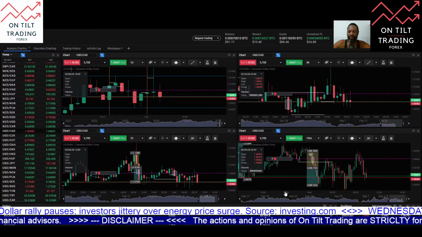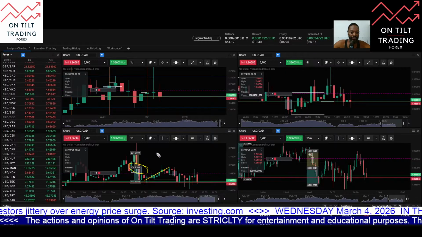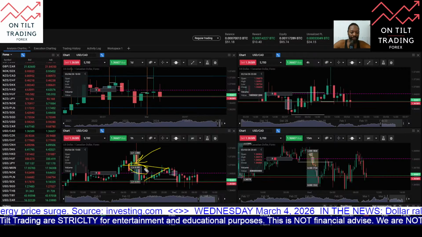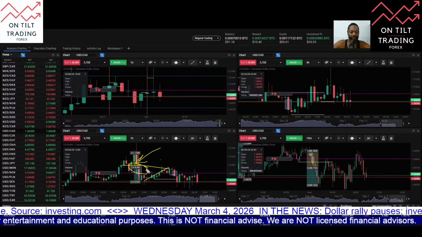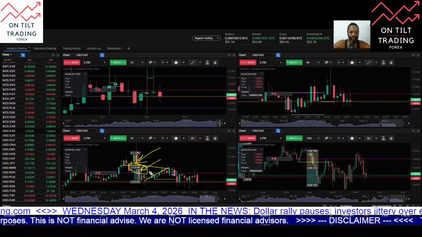Then you can see that price pulls back here into this area, which is equilibrium of the dealing range, the midpoint of the dealing range, and also a bearish fair value gap or a sell side imbalance, buy side inefficiency.